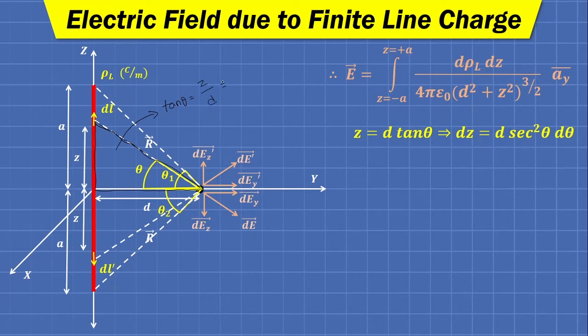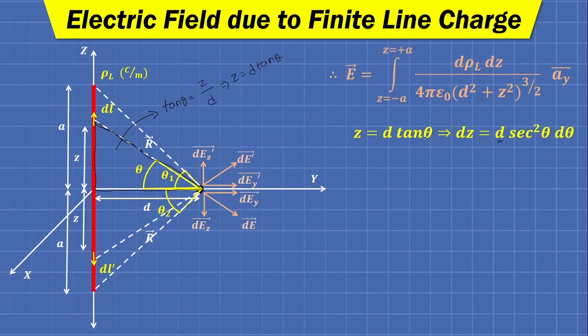So we can write z equals d tan theta, and from this equation, we can also write dz equals, so we are just taking the differentiation on both sides. So dz can be written as d, which will come out as a constant, and the differentiation of tan theta will be sec square theta d theta.